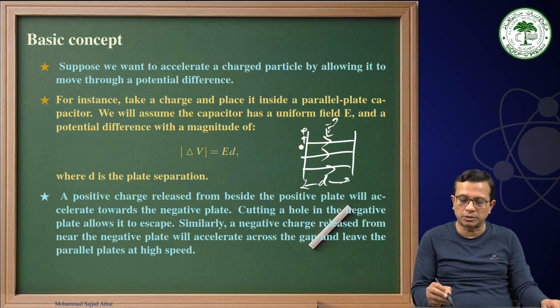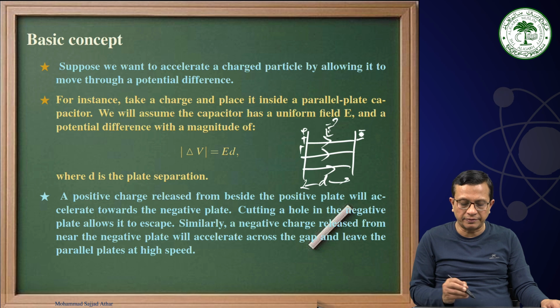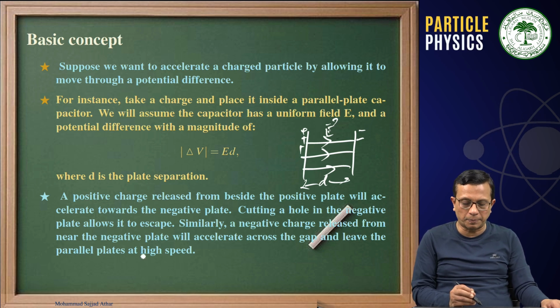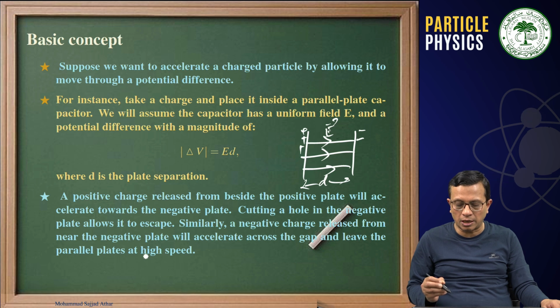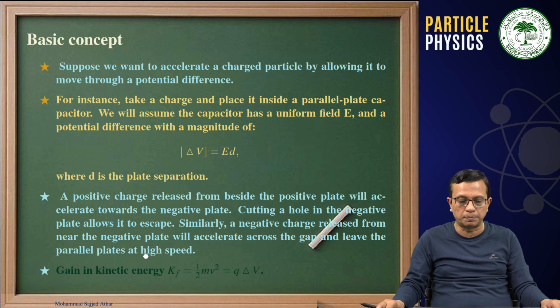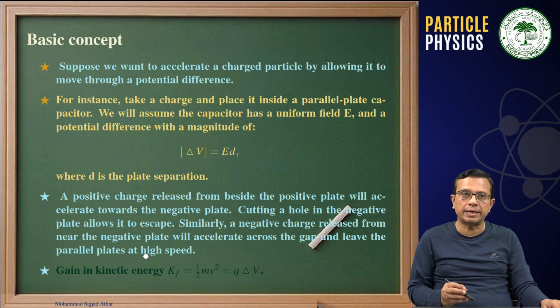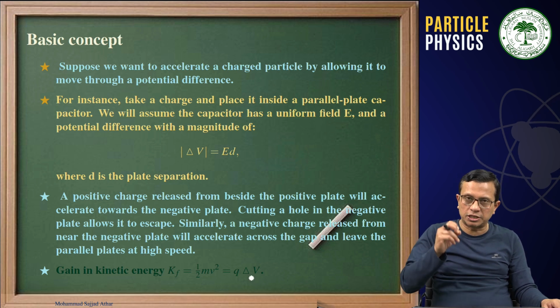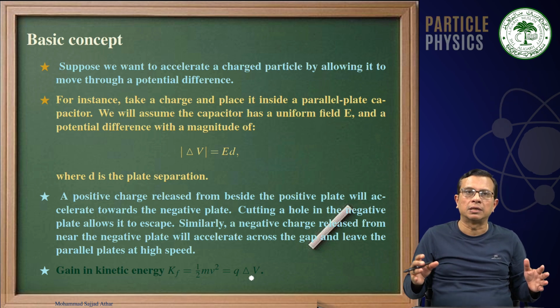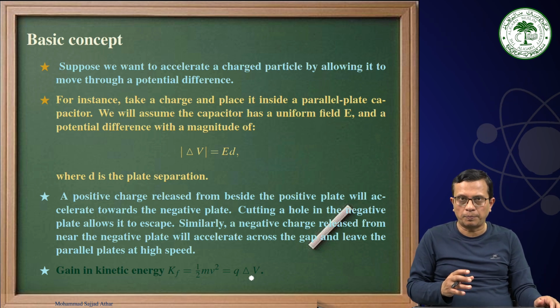Say this is the positive charge, these are the negative charges. Similarly, a negative charge released from near the negative plate will accelerate across the gap and leave the parallel plates at high speeds. The gain in kinetic energy, half m v squared, will be nothing but the charge of the particle times the potential difference through which it has passed.